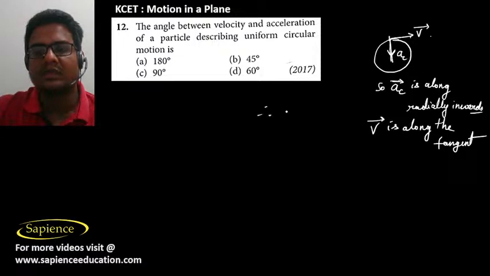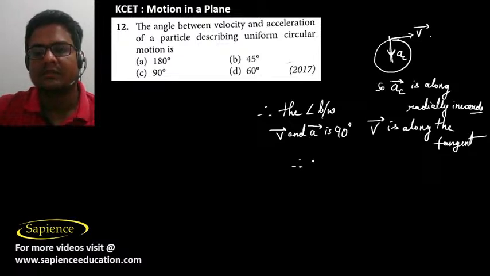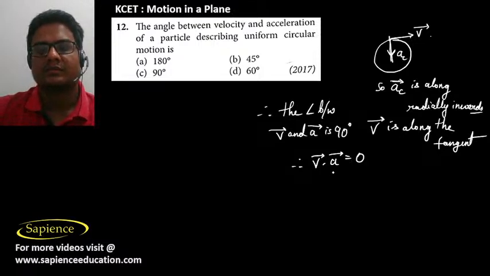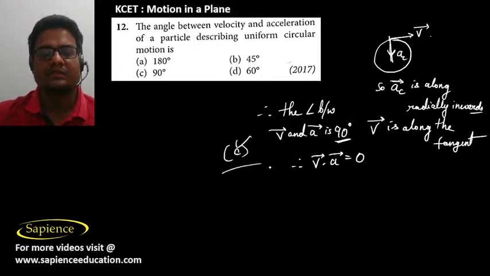Therefore the angle between velocity and acceleration is 90 degrees, so v dot a should be equal to 0. So option C is the correct answer.